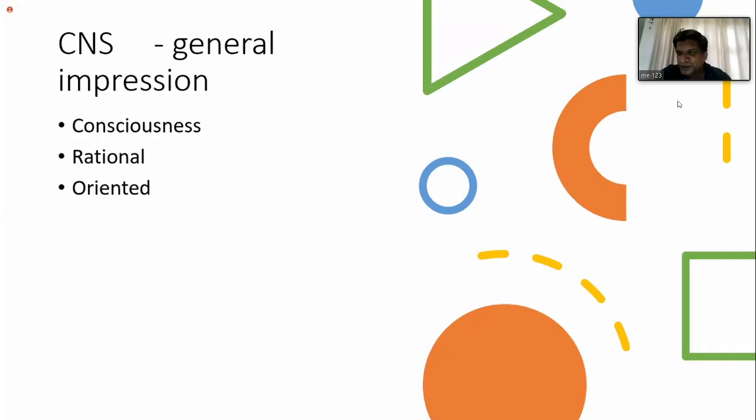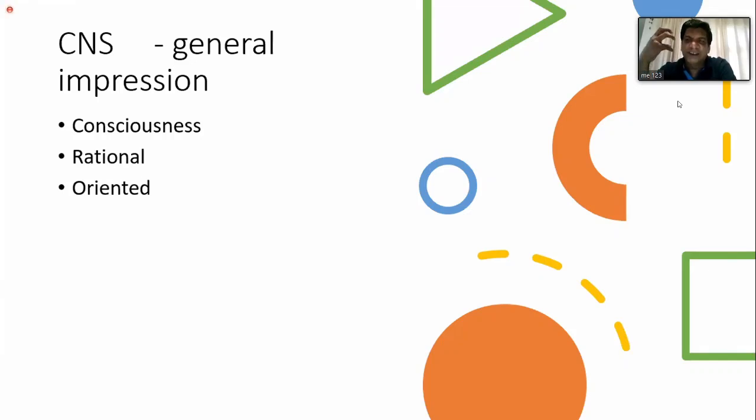So consciousness has nothing to do with the cerebral cortex. Clear now? That's why when you get a partial seizure or focal fits, you don't lose consciousness. If a fit involves only part of the upper limb or lower limb and is not generalized, the seizure activity is mainly in the cerebral cortex, so the reticular formation is not involved and you don't lose consciousness.